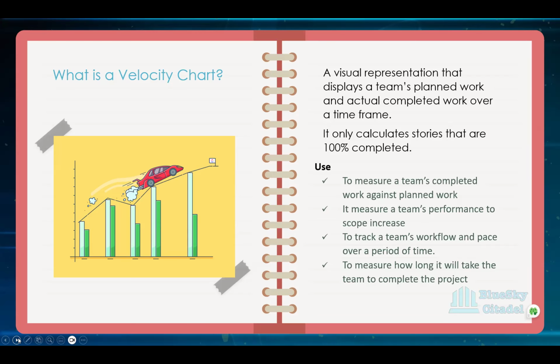And then it tracks also the workflow. I said also the pace over a period of time. So your velocity is not looking at a particular sprint. The metrics it gives you is reading some few sprints over a period of time. That is what your velocity is tracking.